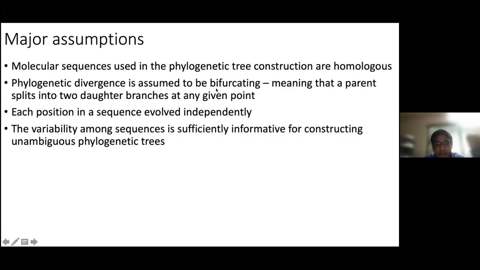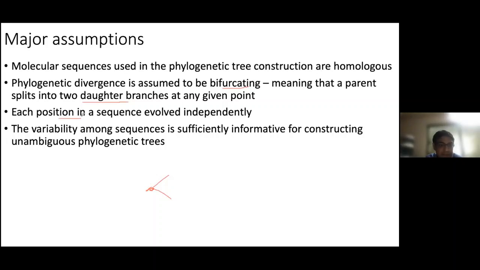Another assumption is that the tree is bifurcating. For example, you have a node here, and usually you get two species or two genes diverging from the same sequence. So bifurcating means the parent presents two daughter branches at a given point.